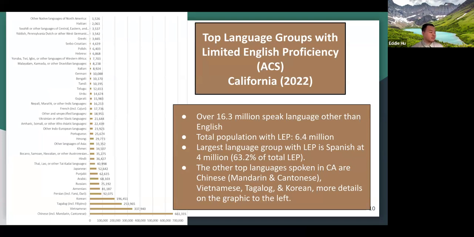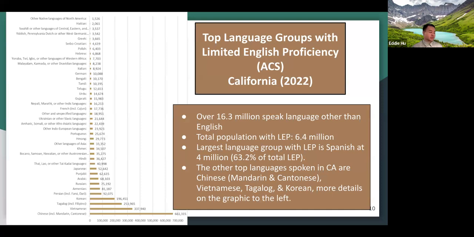California is one of the most diverse populations in the country, with residents who speak over 200 languages, variants, and dialects, and we have the largest LEP population. 44% of the population speak a language other than English at home, with almost 20% of the population with LEP. So that's almost 6.4 million Californians.